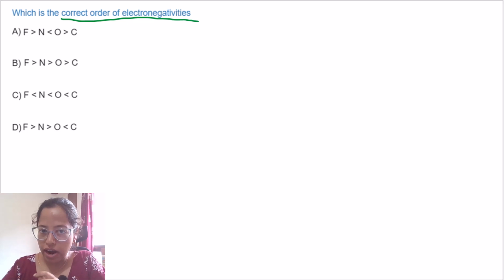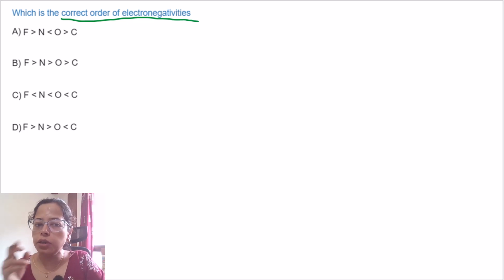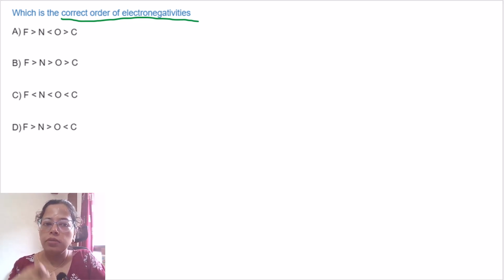If you have clarity about the periodic table and the position of elements in that table, then you know in which group and period these elements belong. So between fluorine, nitrogen, oxygen and carbon, can you tell me the correct order of electronegativity? That is a small task for you.